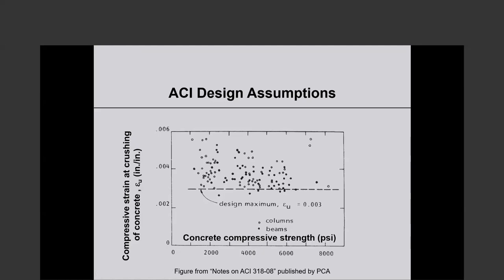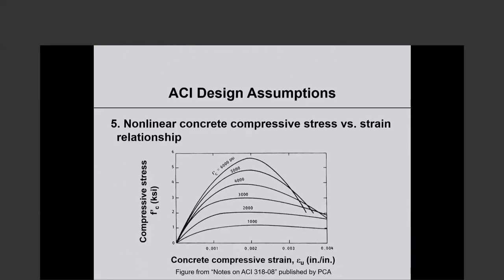So there is no hope that we will see that publication in the future anymore. But that was a very important publication in explaining ACI 318 to the design profession. Anyway, I have taken quite a bit of these figures from that source as noted here.